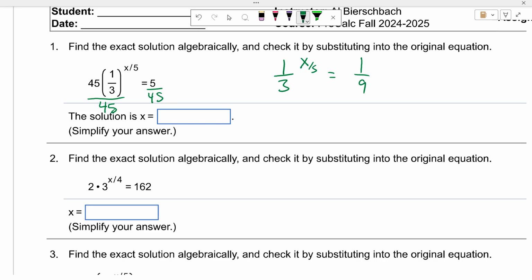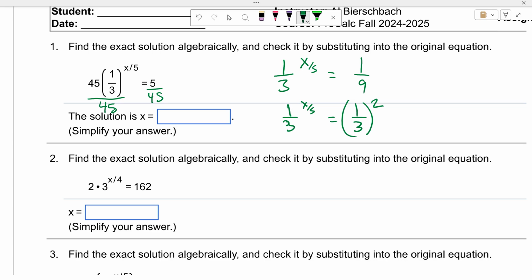Now, what we want to do is get the same base on each side. So 1/3 to the x over 5 equals 1/3 to the what power? Second power. Because 1 times 1 is 1, 3 times 3 is 9.